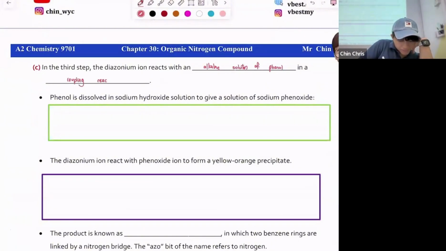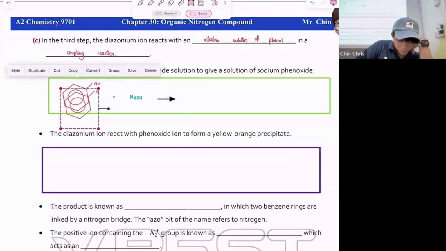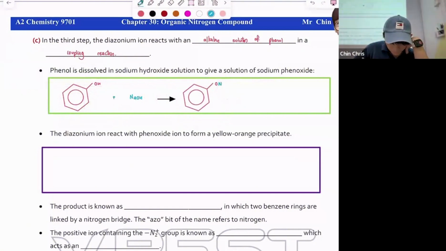So if I take a phenol, you get a phenoxide salt here. So it's a sodium phenoxide salt.